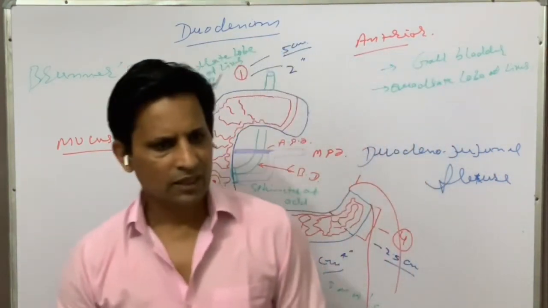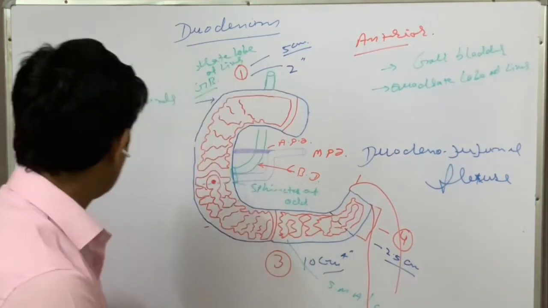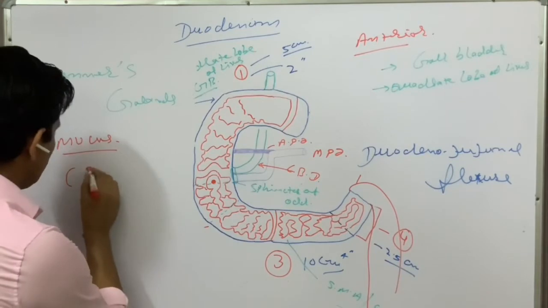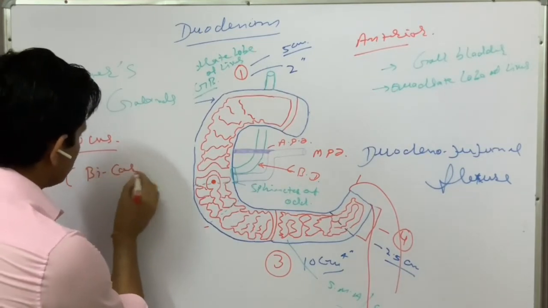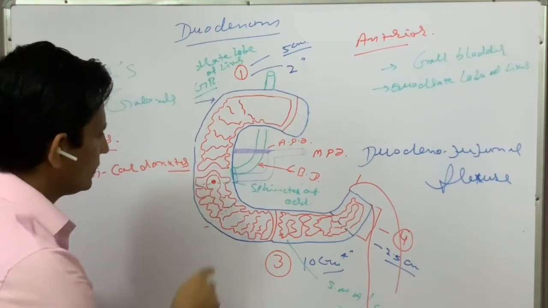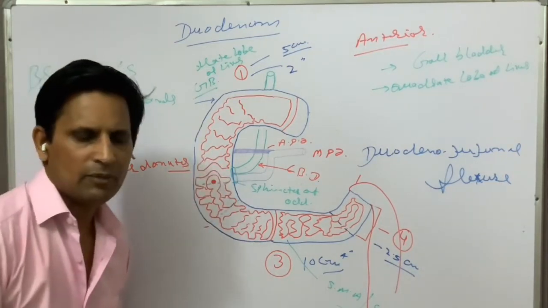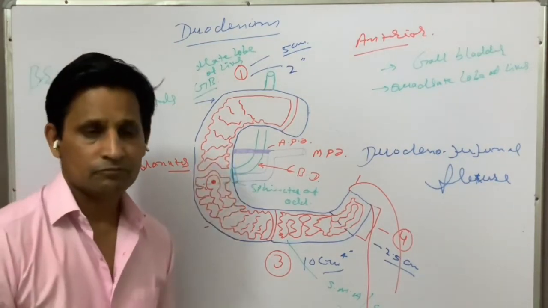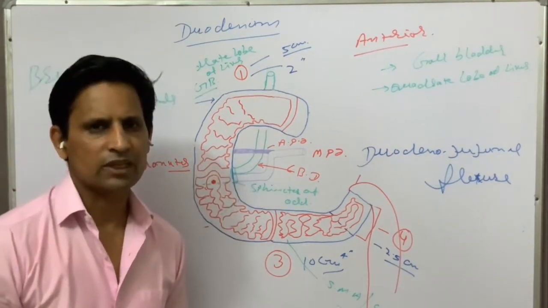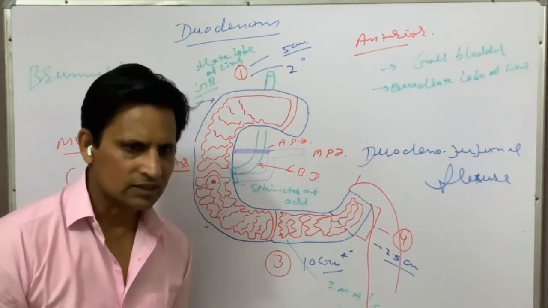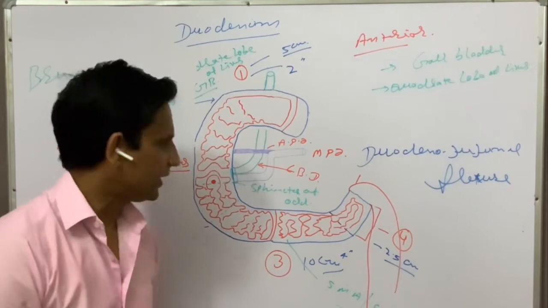One more thing, this secretion also contains bicarbonates, and this bicarbonate also helps in neutralizing the environment of the lumen of the duodenum. And the third thing, the secretion of the Brunner's gland contains epidermal growth factor.